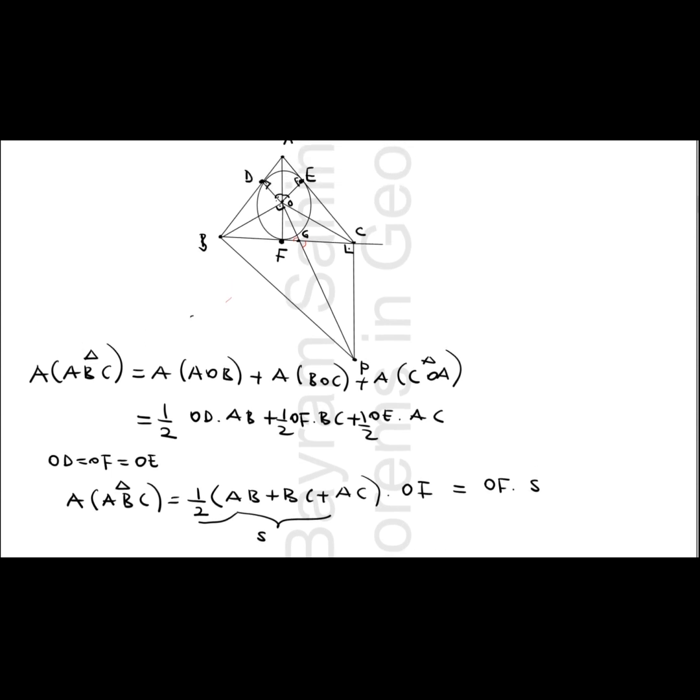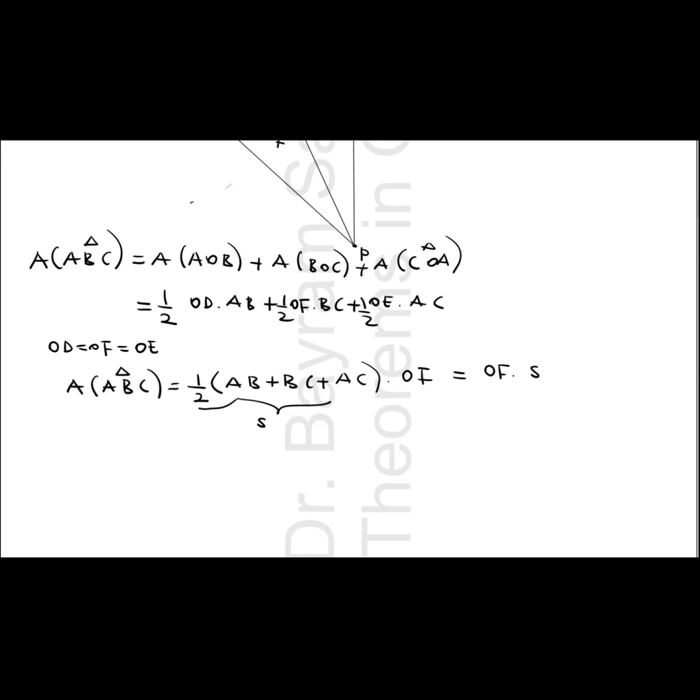Okay, now if you look at this part, because this is a tangent to this circle, AD equals AE, BD equals BF, and CF equals CA. So it means you have this one, let me put a number here, 8.